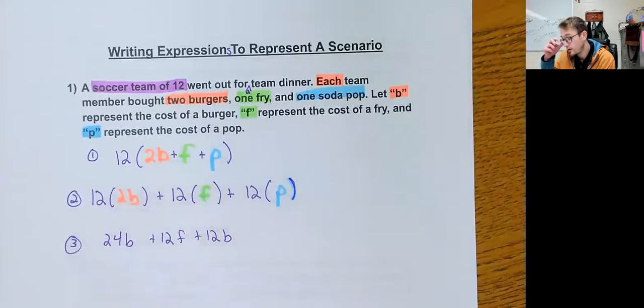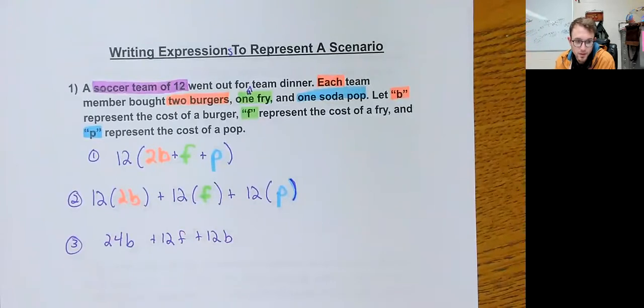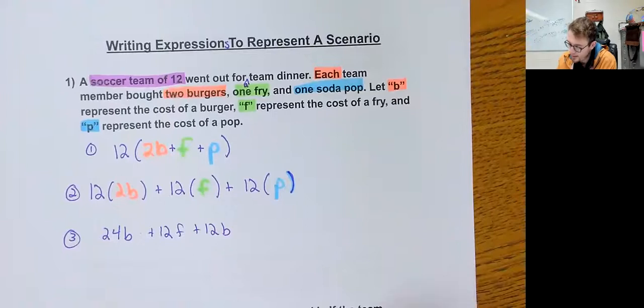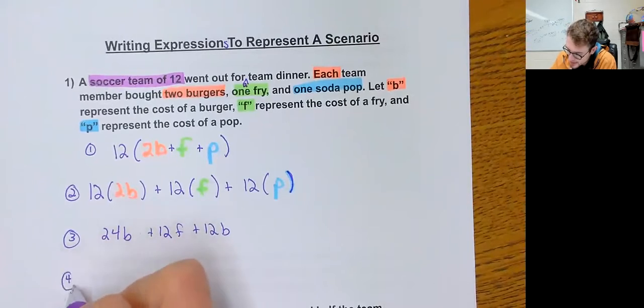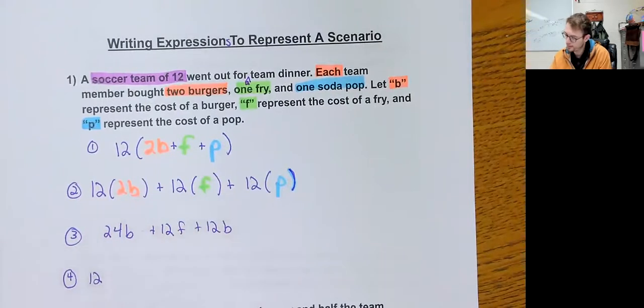Is there any other way to write out this scenario? I can think of a third way. What if, because they're all buying 2 burgers, I don't think this makes it look any more simple, but you could do 12b.